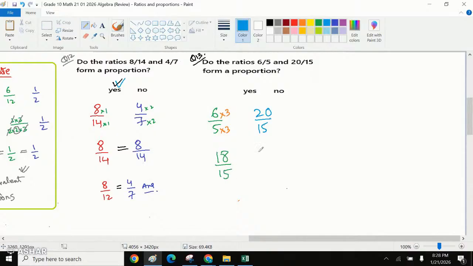And this was 20 upon 15. Are they equal? The denominators are equal, but the numerators are different, right? So we say no, they do not form a proportion, or they are not equivalent fractions. Okay, agreed? Any questions?